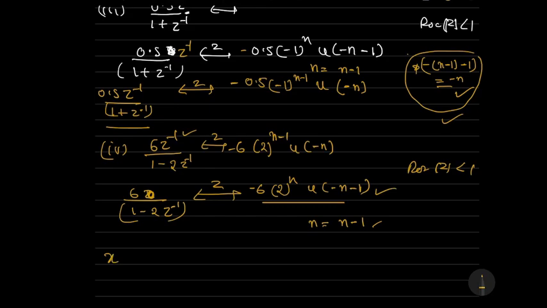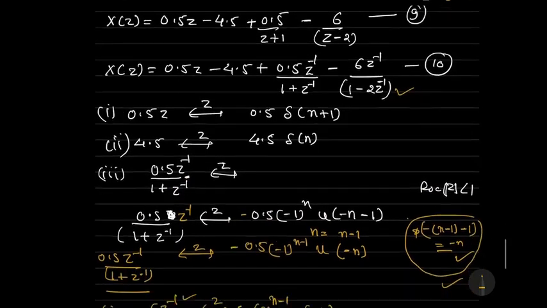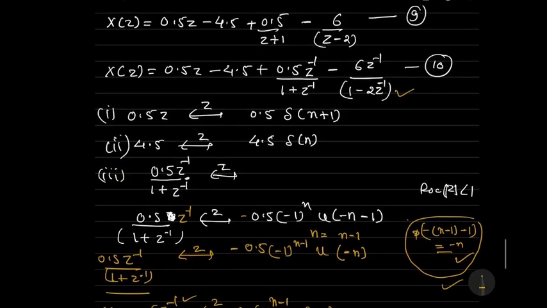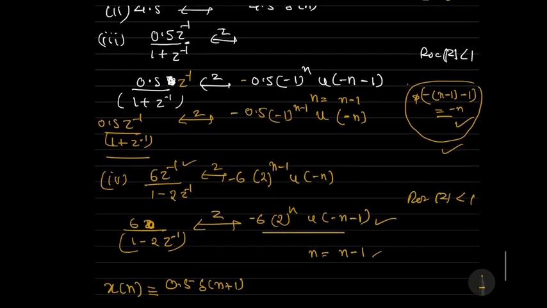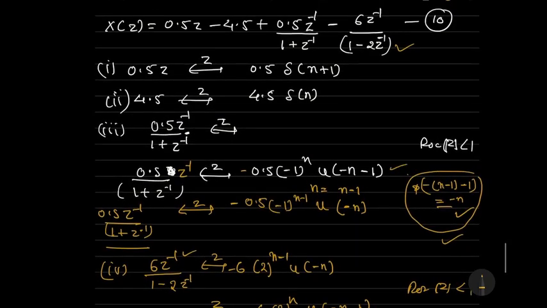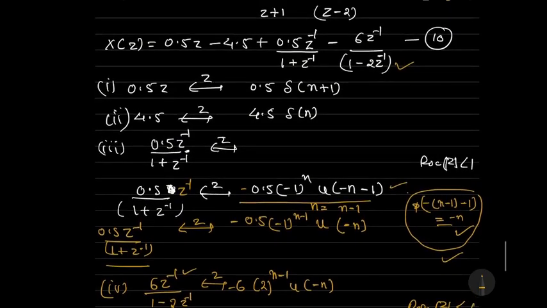So x of n we can write as the inverse z transform of the first term, which we get as 0.5 delta of n plus 1. Then what is next? Minus 4.5 delta of n. Then the third term is this, and here a positive sign is there.